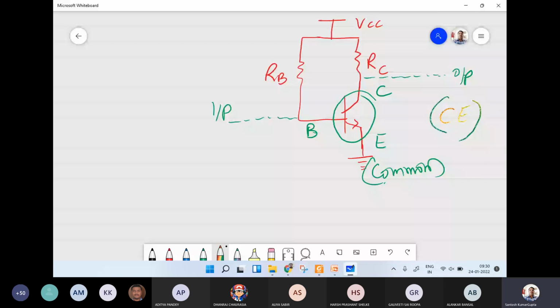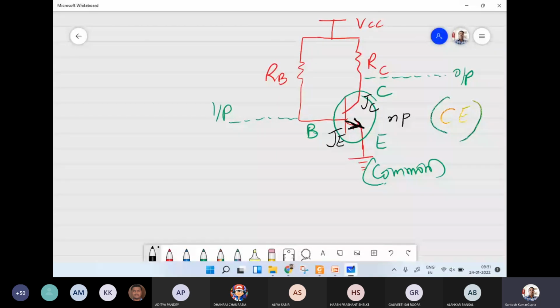In this, the emitter junction and collector junction we can assign here like this. And moreover, because of the kind of arrow in the emitter leg, we can readily say that this is an NPN transistor.